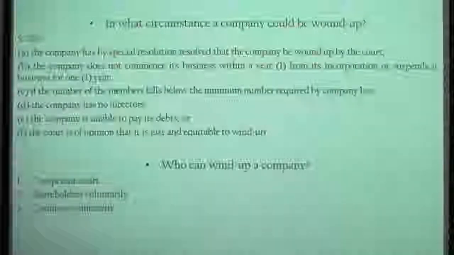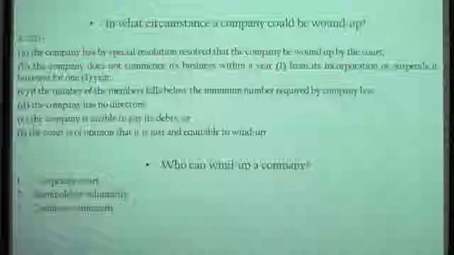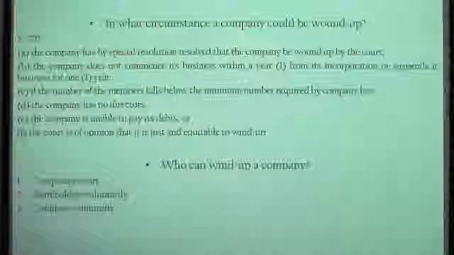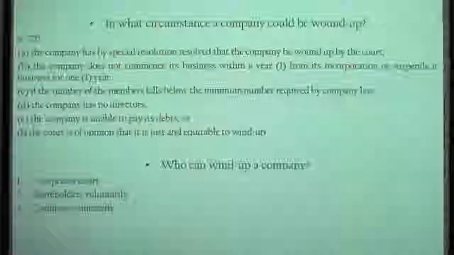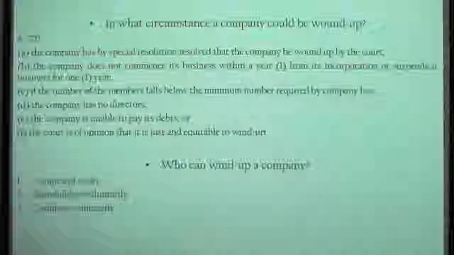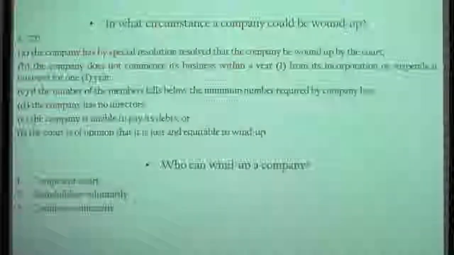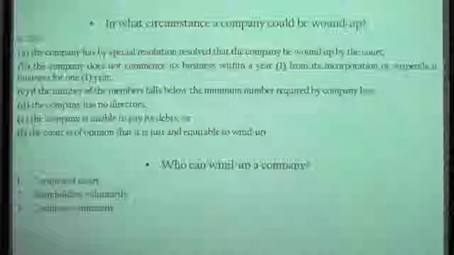Under section 270 of the Companies Act, when the company has by special resolution resolved that the company be wound up by court, if the company prefers it to be wound up by court, it may take a resolution in the company general meeting to wind up the company by court.